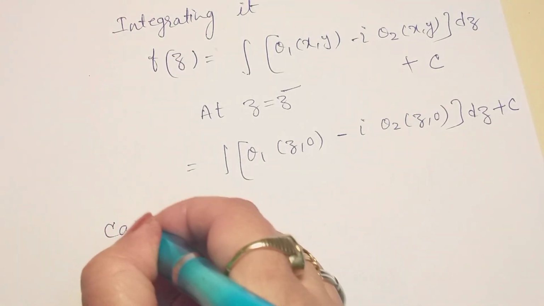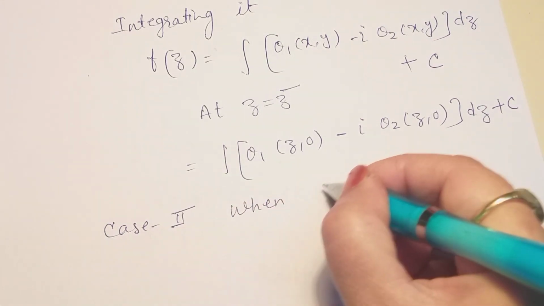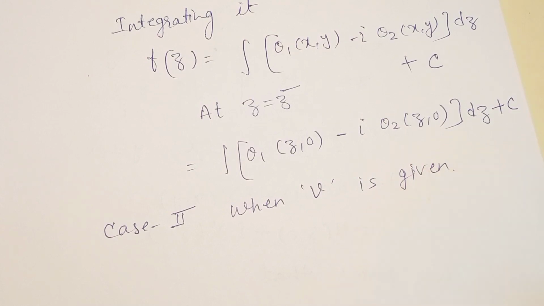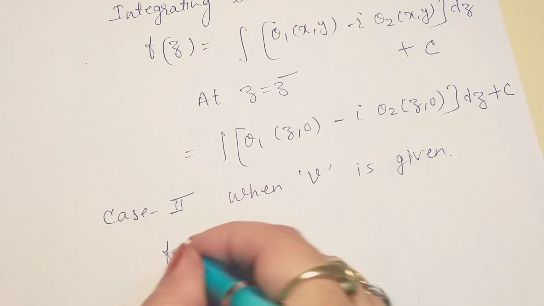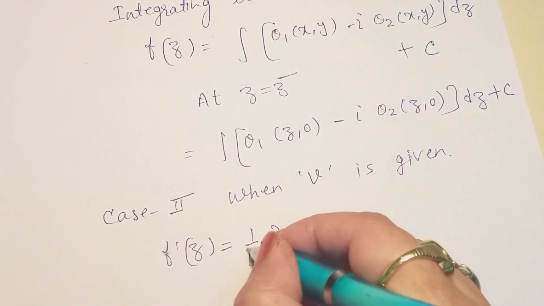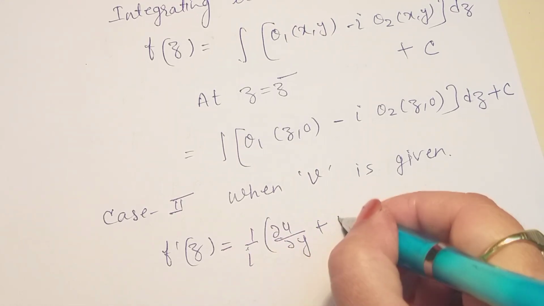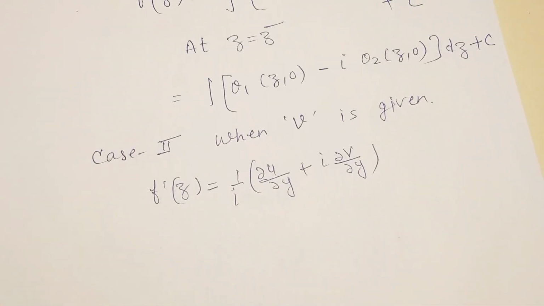Now we take case 2, when v is given. When v is given, in that case f dash z is equal to 1 by iota (del u by del y plus iota del v by del y).